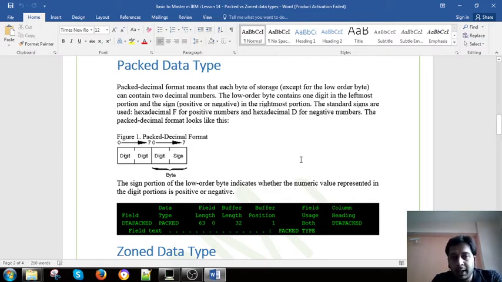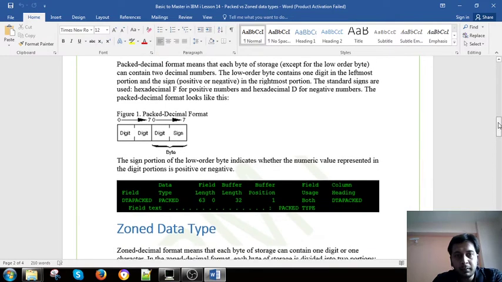This is very crucial: why and how many bytes will be used. For packed, it is always better to use an odd number of digits, plus 1 for the sign. So if you use 3 digits, it is 3 plus 1, divided by 2, which is 2 bytes. That is one very important thing.